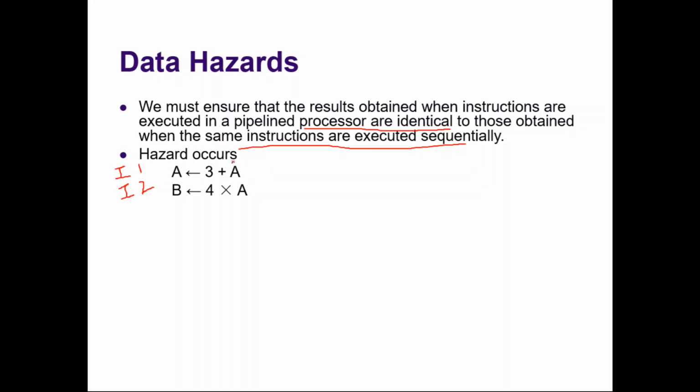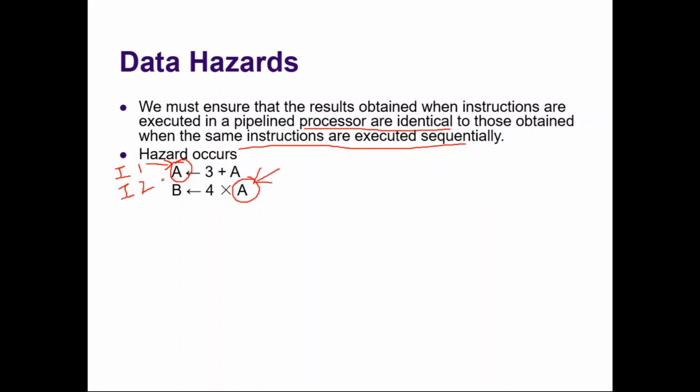When the destination operand of the previous instruction is used as the source operand of the next instruction, there will be a data hazard.